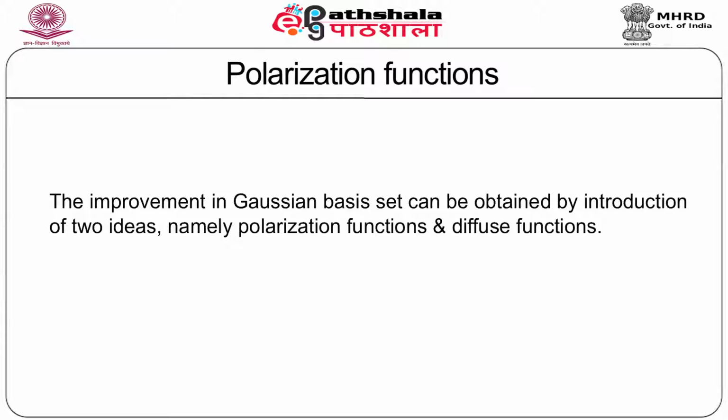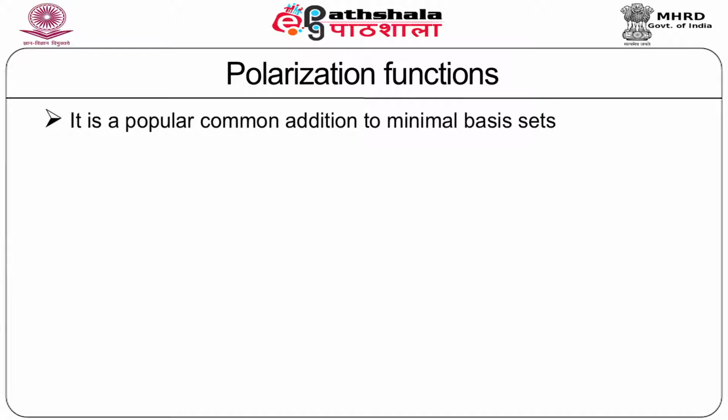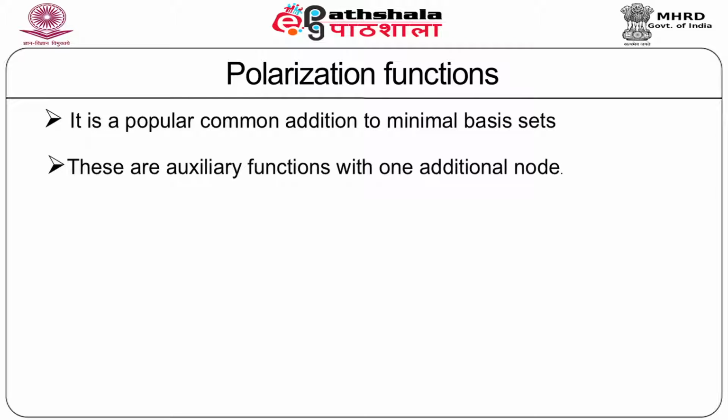The improvement in Gaussian basis set can be obtained by introducing two very popular ideas, namely the introduction of polarization function and diffuse function. Let us first discuss the polarization function. It is a very popular common addition to minimal basis sets. These functions are auxiliary functions with one additional node.